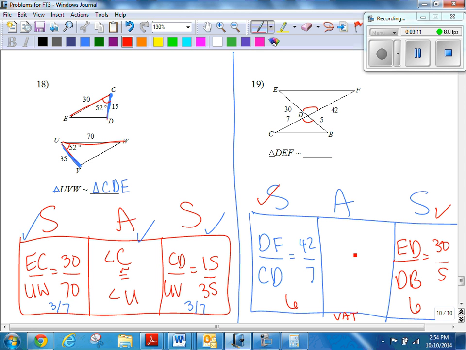But how do we name those angles? If we look at the top angle, we know that this is letter D here, but if I say D, am I really referring to the top angle, or am I referring to this bottom angle right here? And we don't really know to be sure. So, to differentiate, we have to use the other letters in the triangle.